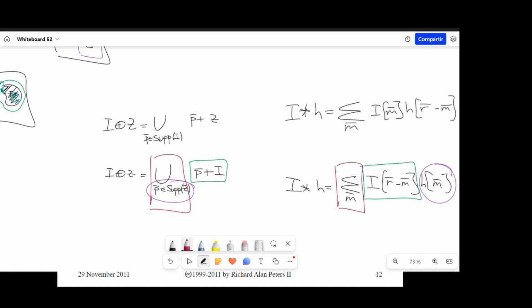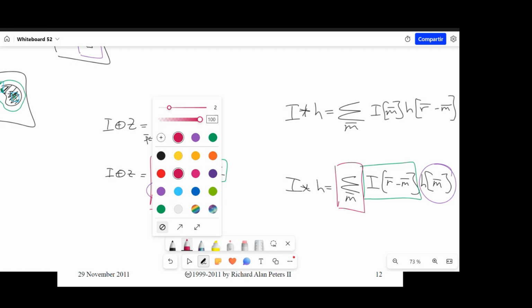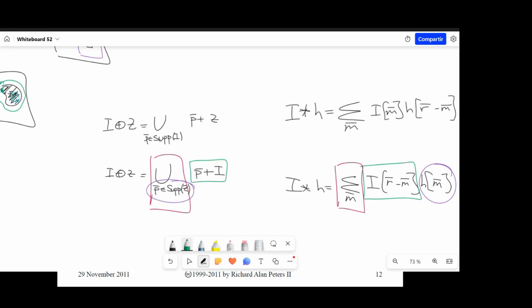And here we have the same. So now the kernel is moving. Here the kernel is moving to the locations where the image is different from 0. If it is 0, it will be multiplied by 0, so we don't care.